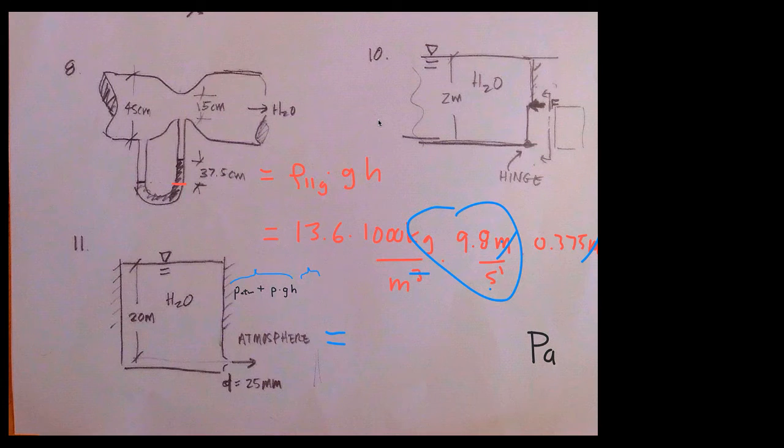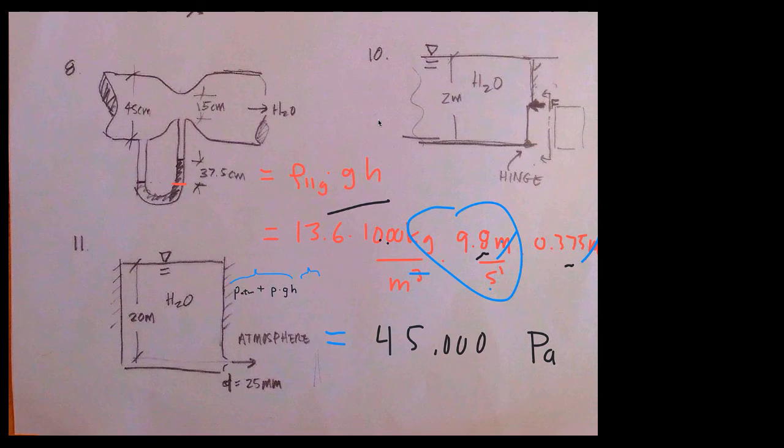We've got roughly 13,000 or 14,000 times 10 is 140,000. And about a little over a third of that is, there's going to be something around 45,000 pascals.